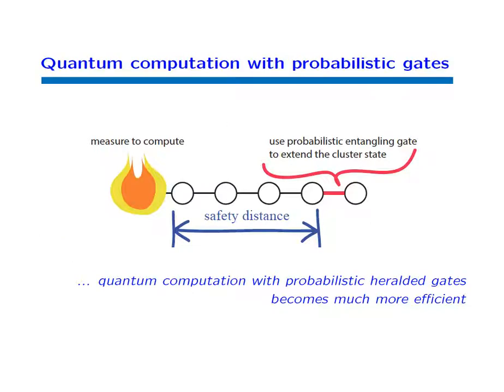Okay, so we can now understand this picture in greater detail. This is the extension of the cluster state. Suppose our success probability is larger than 2/3, so on average we gain with a certain speed, and we can measure on the other end, but we have to keep a safety distance just to buffer fluctuations.